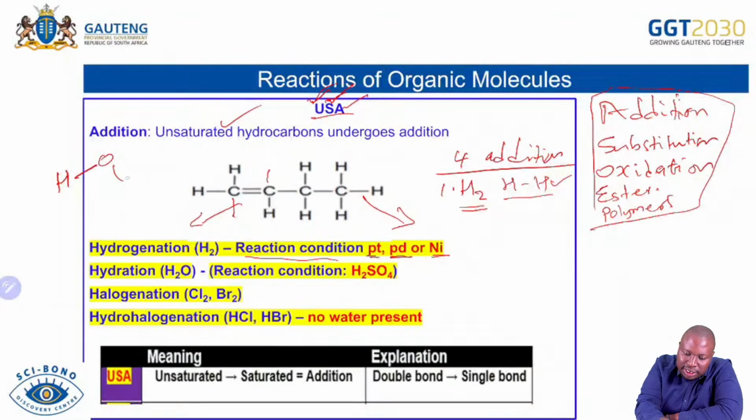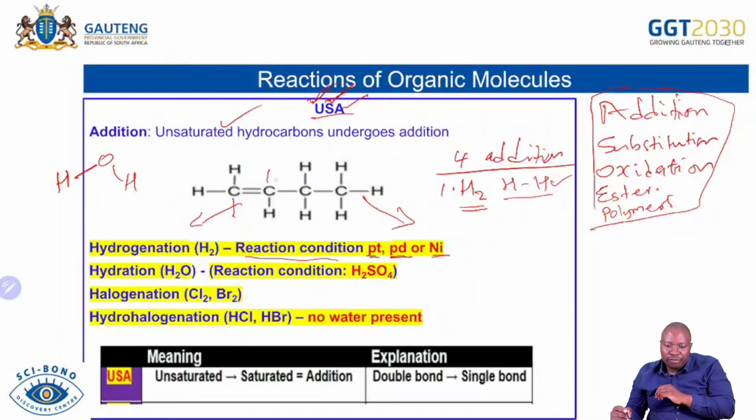Water, the structure of water being like that, which means on this double bond, we're going to add OH on 1 carbon and hydrogen on 1 carbon. Now, it's very much important for you to understand that for the major product, the OH will go to the poorest carbon.